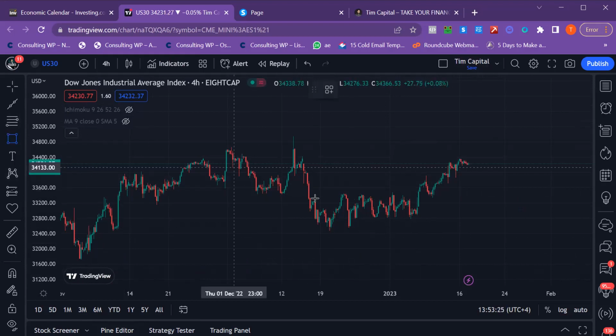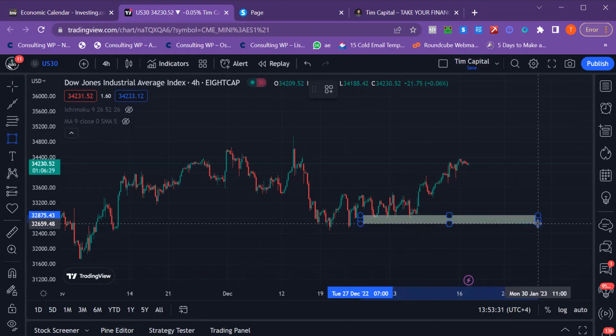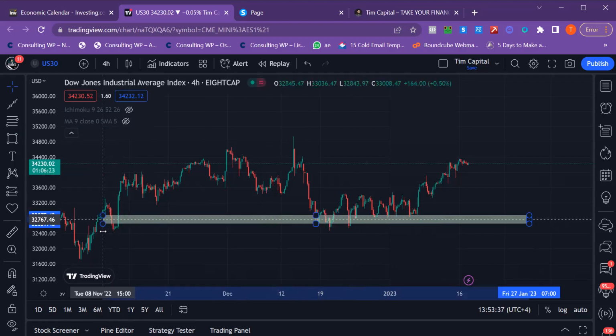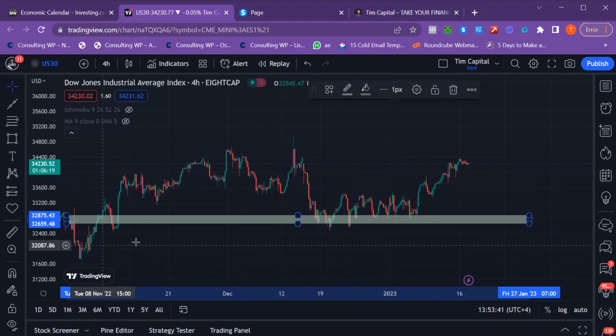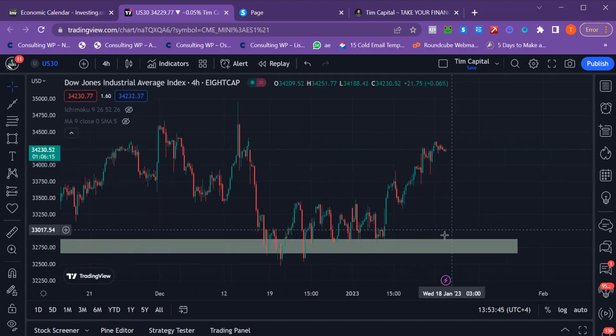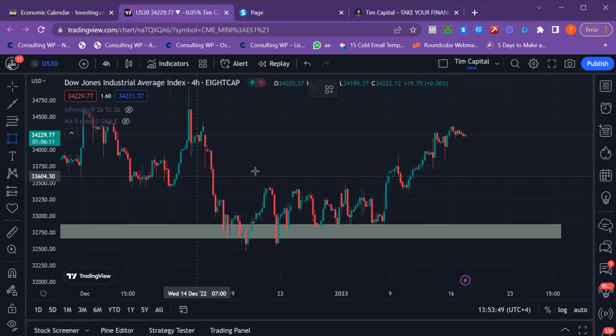So here, the first thing I can see is to draw some level here. I see that there is some level here. This level is also very important. I see that the price reacted at this area so many times. So it's a good place for me to draw. I draw my first area there. And then I see that we had another small area right here.